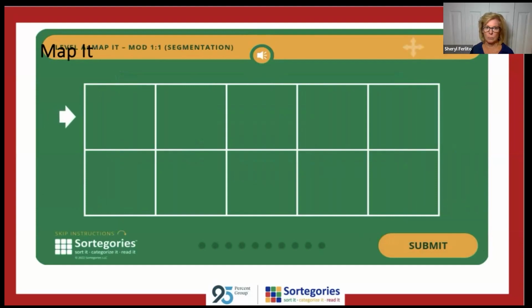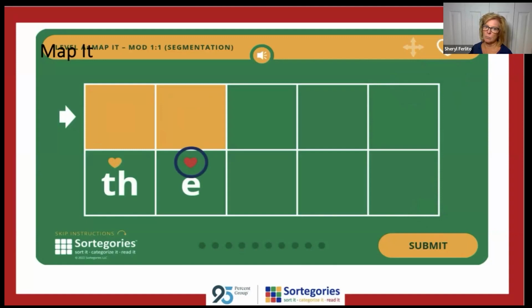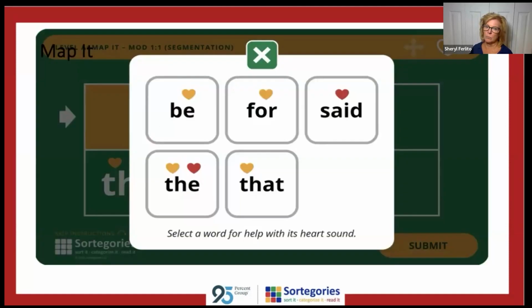Then, using the top row only, start at the left and click one box for each sound you hear in the word. Click on the Submit button to check your answer. You can use this icon to view an example of this activity. Sometimes you'll see this icon. Use it to view additional help information. A heart symbol indicates words with sound spellings you may not know. Click the heart icon for more information. A yellow heart means you'll learn the way the sound is spelled later. A red heart means you will need to memorize the sound's spelling by heart.